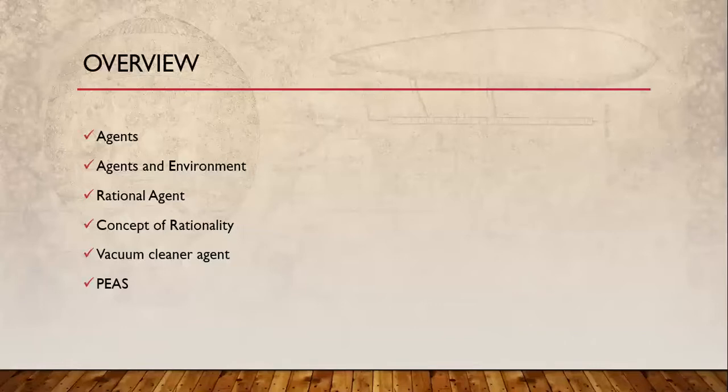So today we are going to understand what the concept of an agent means, what an agent is, and what the environment for an agent is going to be. We are also going to see what a rational agent is, the concept of rationality, and then we're going to take a very small example of a vacuum cleaner agent. I think we had a very small discussion about it in our previous session. Lastly, we're going to end the session with something known as PEAS. So that's what we are going to see today. Let's start.